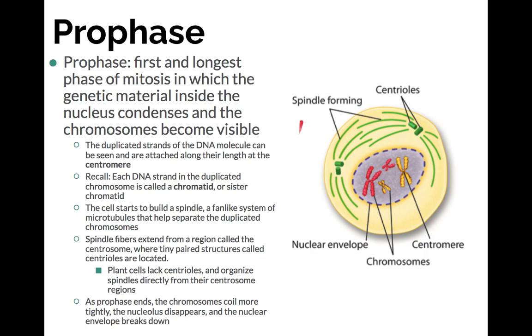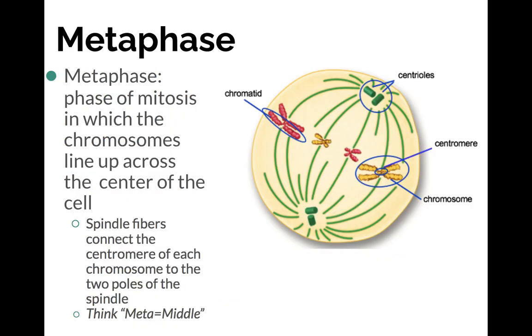So this first one, prophase, is the first and longest phase. Genetic material inside the nucleus condenses and the chromosomes become visible. Metaphase is the phase of mitosis in which the chromosomes line across the center. So remember, metaphase, think middle. If you see chromosomes lined up in the middle, we know that is metaphase.